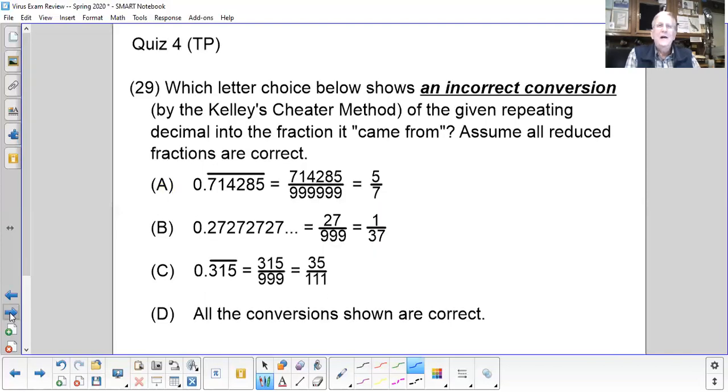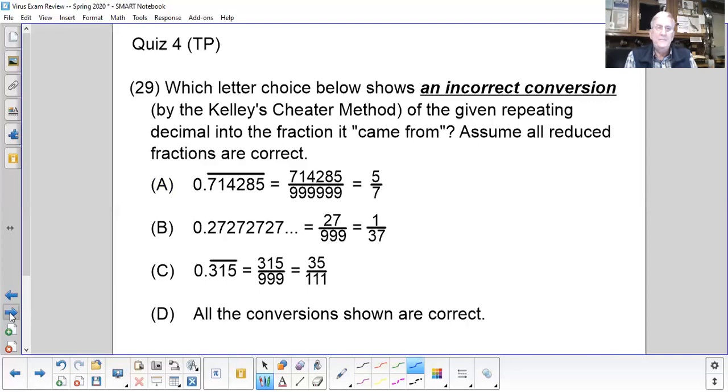29. Which letter choice below shows an incorrect conversion by Kelly's cheater method of the given repeating decimal into the fraction it came from? Assume all reduced fractions are correct. Would A be all right? I think so. It's got 6 digits repeating, so you put it over 6 9s.